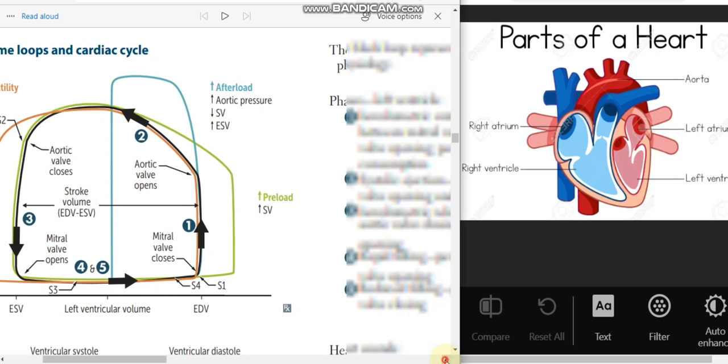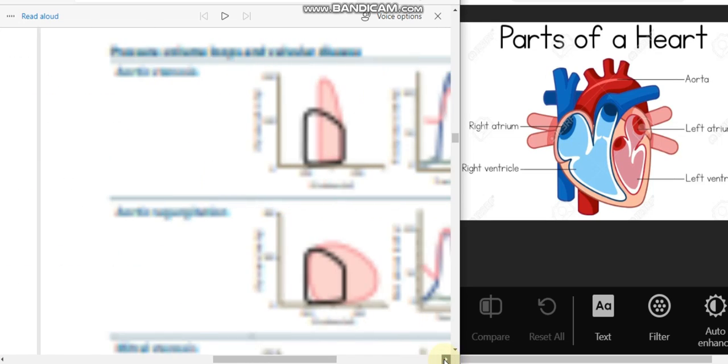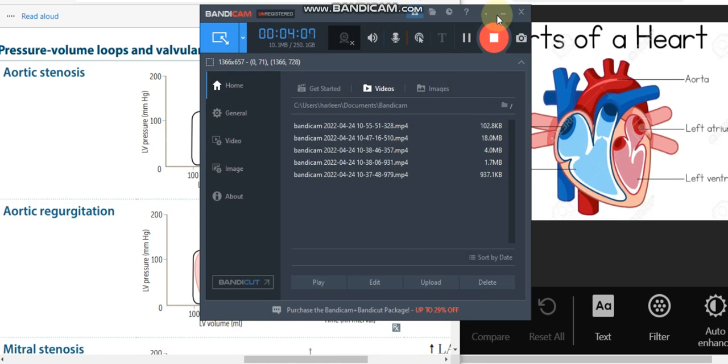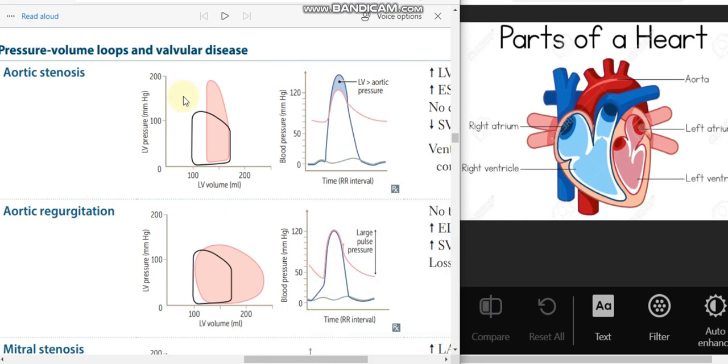Now we come to some conditions. Valvular diseases, first is aortic stenosis.